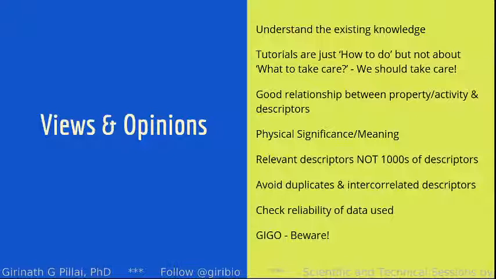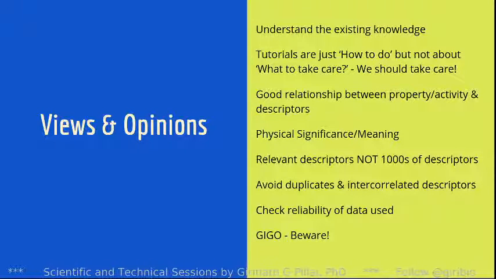There should be a good relationship between property, activity and descriptors. If you cannot relate property, activity and descriptors just with the statistical parameters, it is going to be a little bit difficult in designing new molecules. So the physical significance and meaning of descriptors are very important for you to write the story.